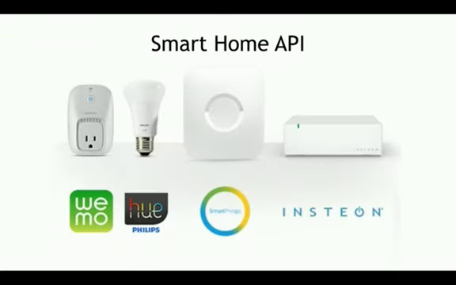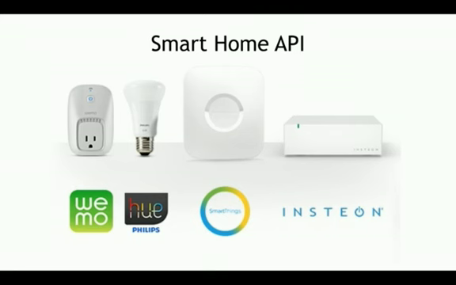But Echo really gets smarter, or the Alexa powered devices really get smarter, when we get developers to build additional experiences for them. And for this, we have two APIs. We have one that's a smart home API, and it's really focused on the home automation, and we have multiple partners that we integrate really heavily with.